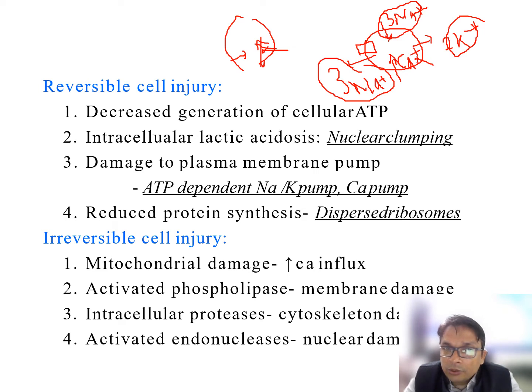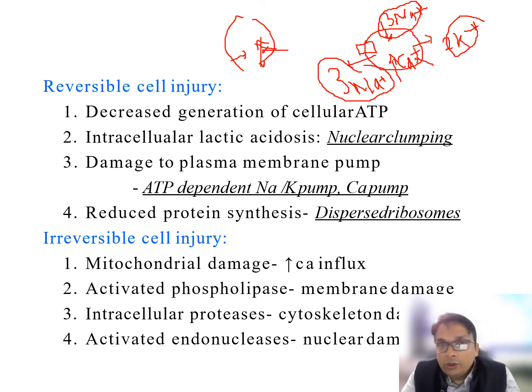The cytoskeleton can be damaged because of overactivation of protease enzymes, activated by oxidative stress and a number of other things, which ultimately results in breakdown of the cytoskeleton present over the cell, and that results in alteration in the structure of the cell, which is responsible for further cellular injury.